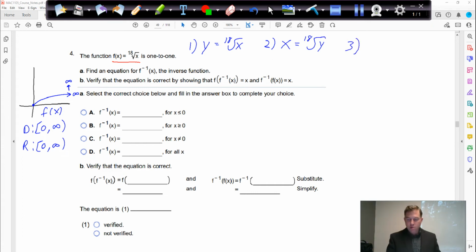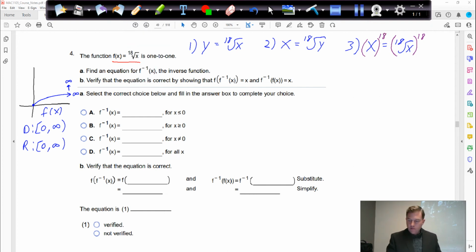So this new y is buried under this 18th root. So to solve for it, what gets rid of a square root? What gets rid of a square root is when I square something. To get rid of the 18th root, I have to take this to the 18th power. But if I take that side to the 18th power, I'm going to take this side to the 18th power.